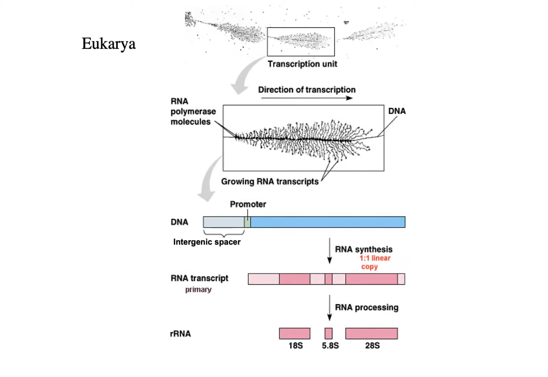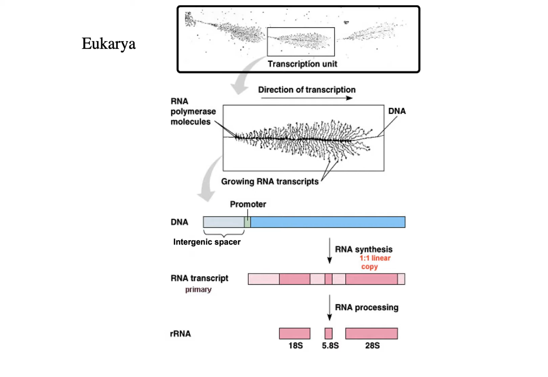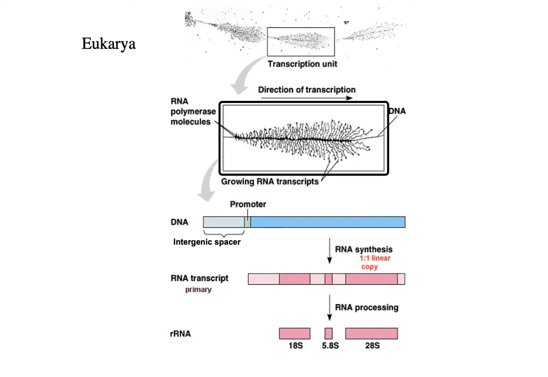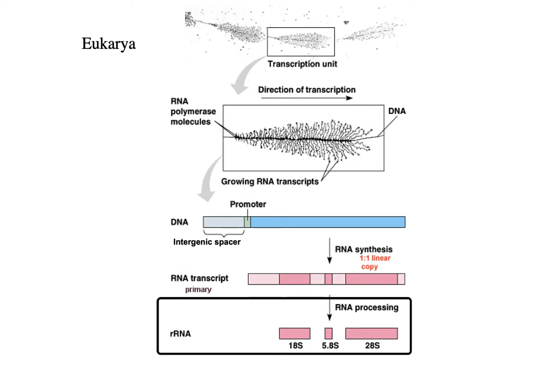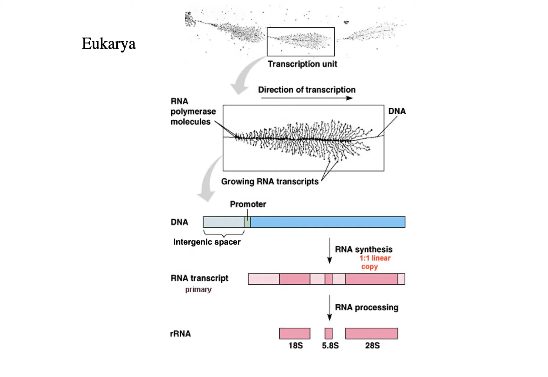So looking at this in the electron microscope, in eukaryotes you have tandem repeats of these transcription subunits, and each one of these looks like this with about 100 polymerase molecules on it, and then each one of these at the end becomes a transcript here and then processed in this case into the 18S, 5.8S, and 28S, or sometimes 25S depending on the organism.